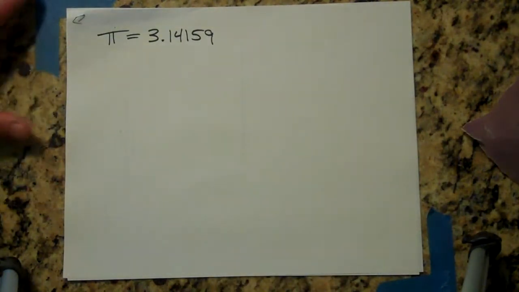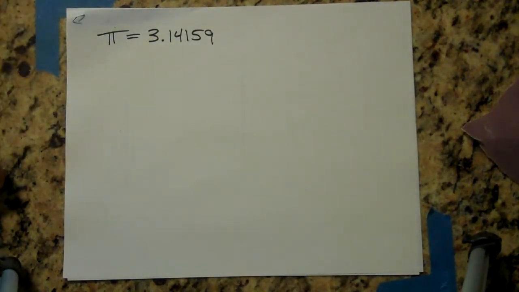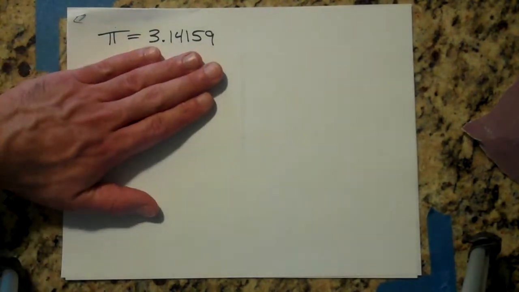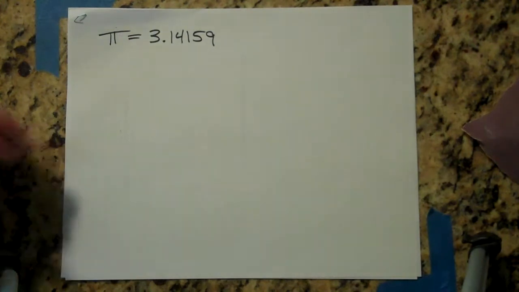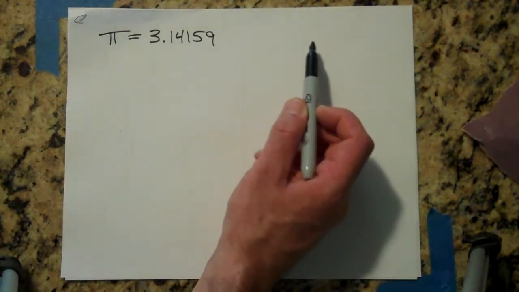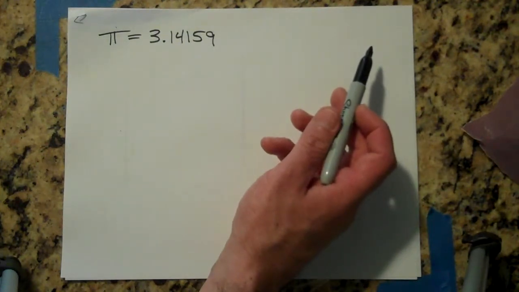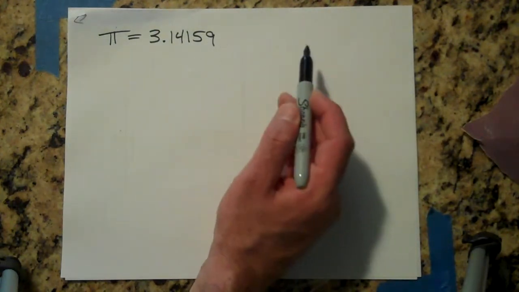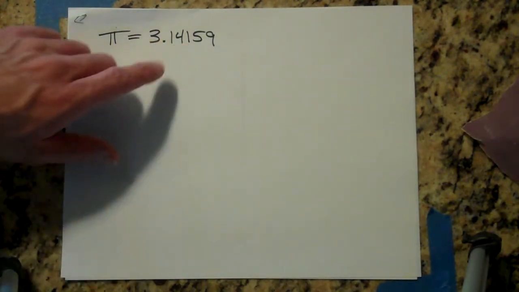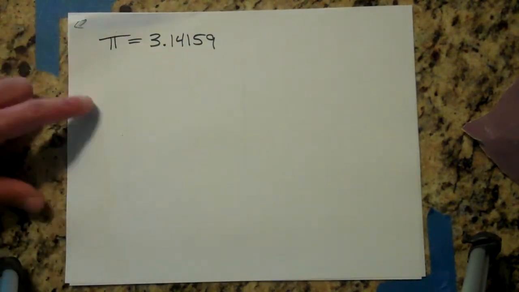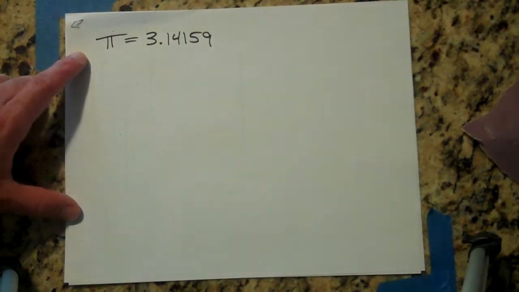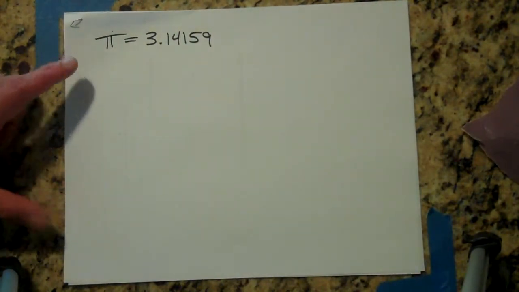For those of you watching that know anything about the constant pi, you should know that this is a non-repeating, never-ending decimal, in that this decimal keeps on going, it doesn't stop. All right? There are no two numbers that repeat. And this is me rounding up this decimal place to a certain place value. All right? And place values is something we'll cover in the future.